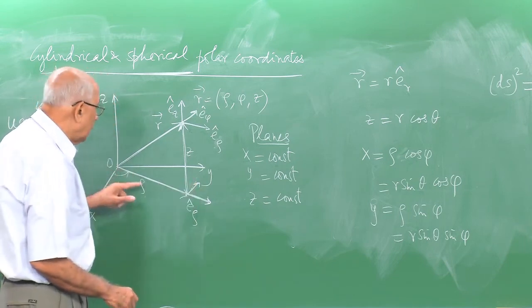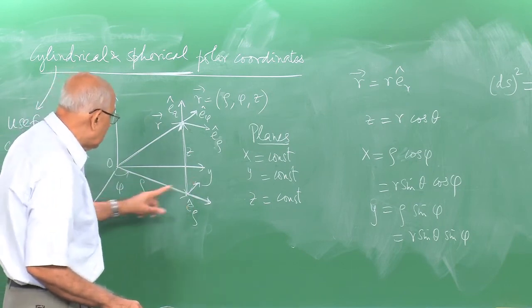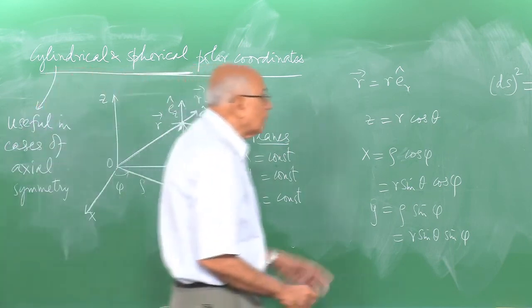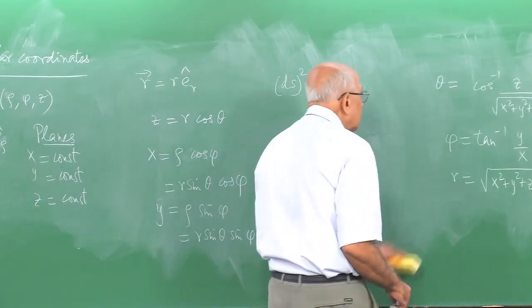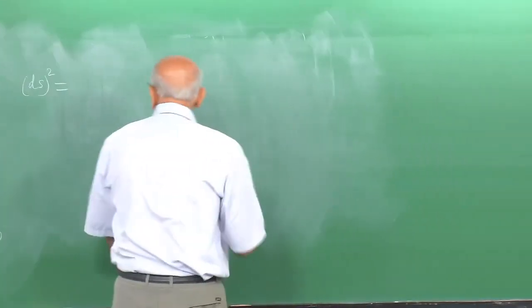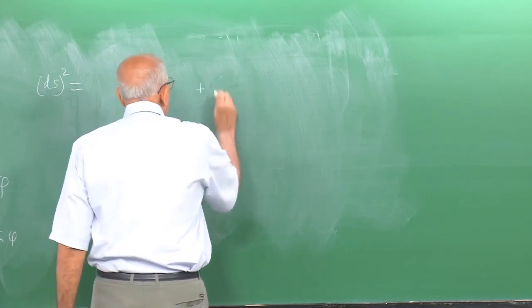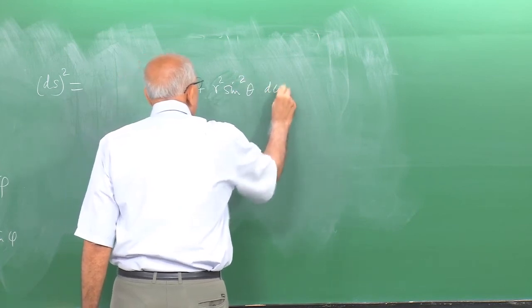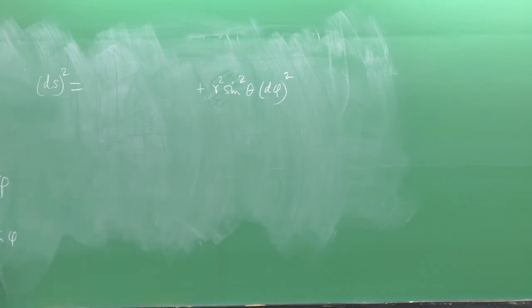So it's immediately clear that the contribution which you get from that portion is rho d phi the whole squared, but rho is equal to r sine theta. So there is going to be a term here which comes plus r squared sine squared theta d phi whole squared. That is the hardest term actually.